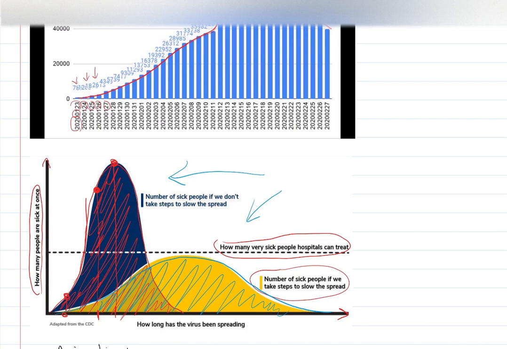But say the area is still the same, one is just stretched in time. Still, on this day, the maximum is much lower than in this situation. Then we're going to have fewer people filling the hospitals, and that's how we can decrease the number of deaths in the country, because hospitals will be able to handle the number of cases per day.